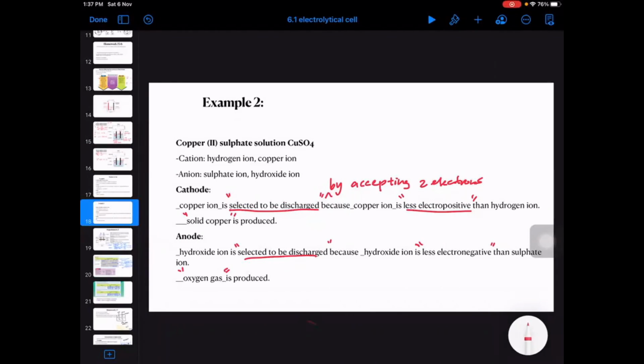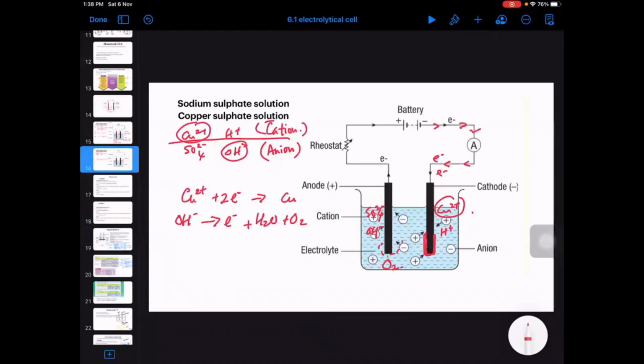Hydroxide ion is selected to be discharged by donating 1 electron. Okay, no problem, but you don't have to talk about this one. It will be too complicated.